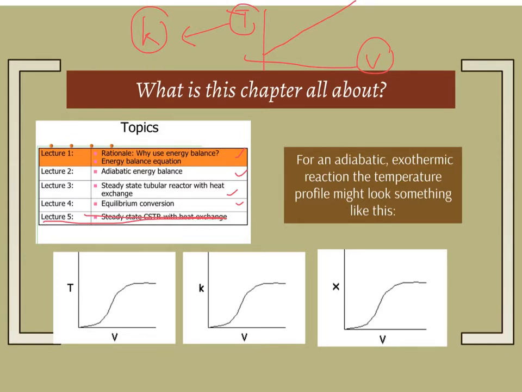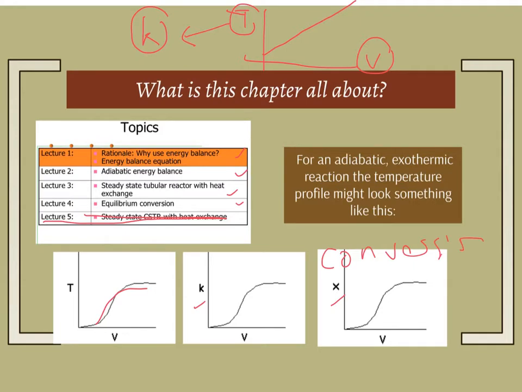However, for an adiabatic exothermic reaction, the temperature profile might look something like this. For example, at a certain temperature, the volume will just look like this. And similarly with the rate constant, and similarly with the conversion. So this is conversion.